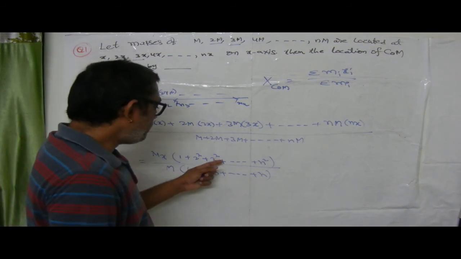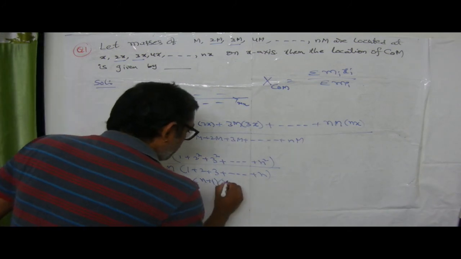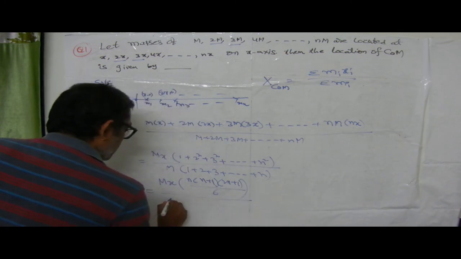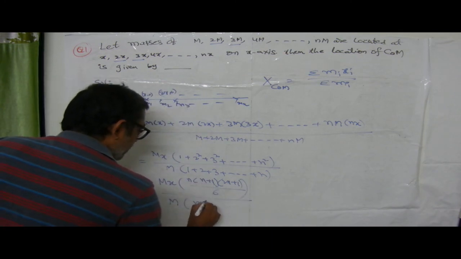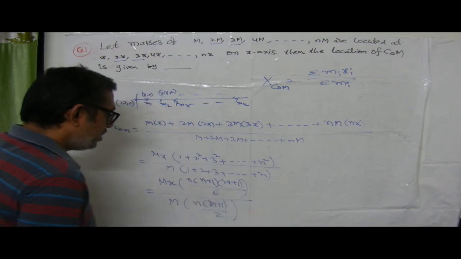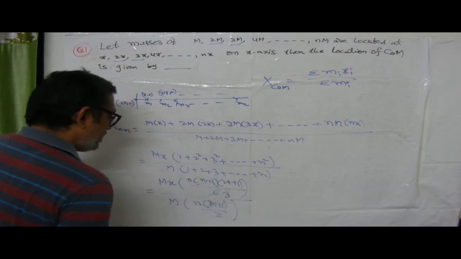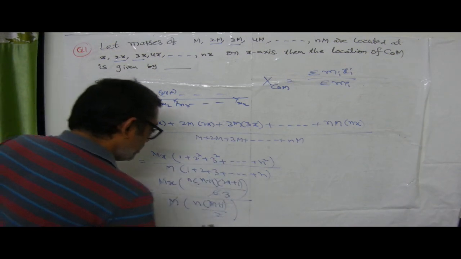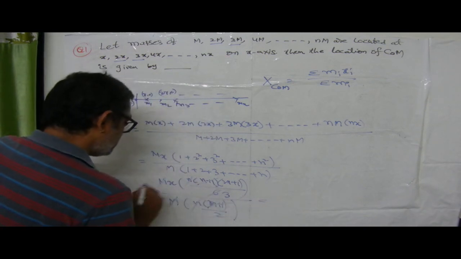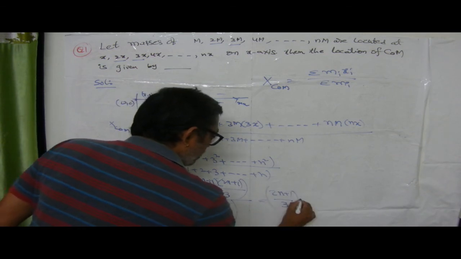So the formula is n(n plus 1)(2n plus 1) by 6, whole divided by m into n(n plus 1) by 2. Now in the given case, n plus 1 cancels, 2 and 6 cancel by 3 times, m and m cancel, and n and n also cancel, and the final result for the system is (2n plus 1) by 3 into x.